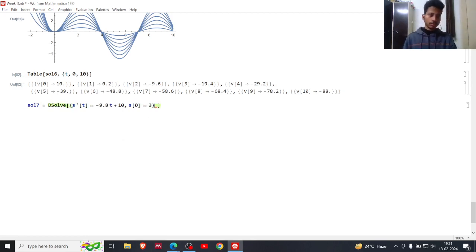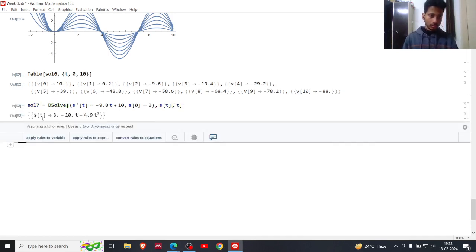Okay, so this is the equation. So the velocity is the first derivative of the displacement. So displacement is given by s, so the first derivative of it is equal to minus 9.8t plus 10, and the initial displacement when t equal to 0 is 3. So the displacement is 3 plus 10t minus 4.9t square.